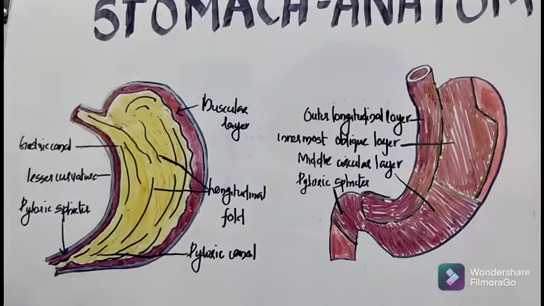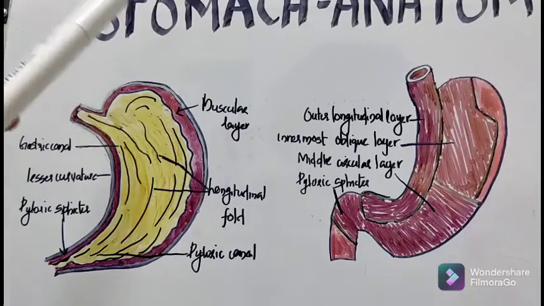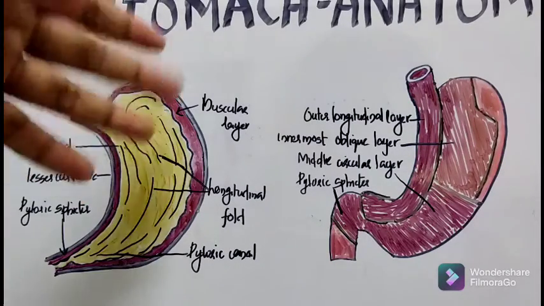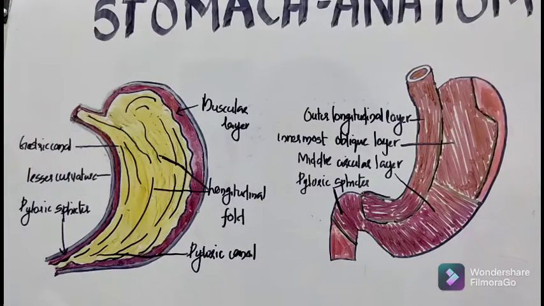The stomach is the reservoir of food, and it produces gastric juice, which helps in the digestion of food. It produces hydrochloric acid, which has the power to destroy certain organisms in the food. The inner lining of the stomach produces mucus, which protects the stomach against the corrosive action of the hydrochloric acid.